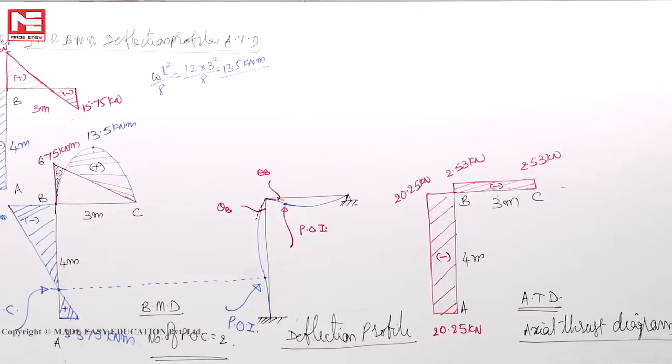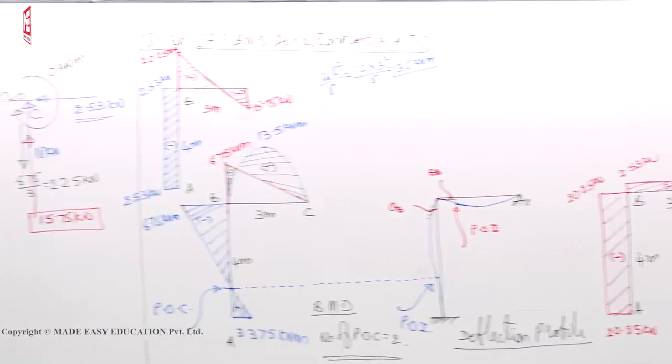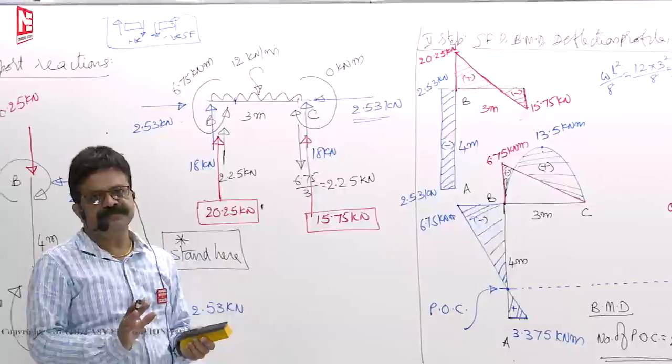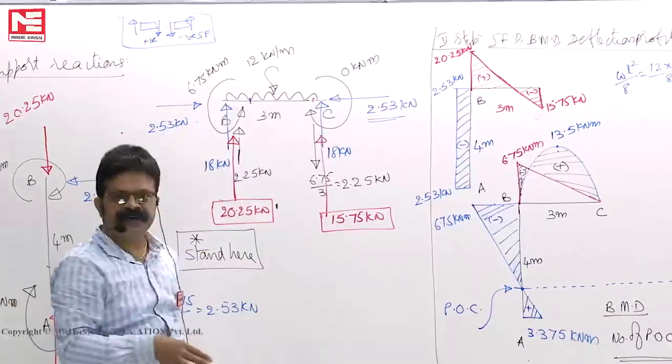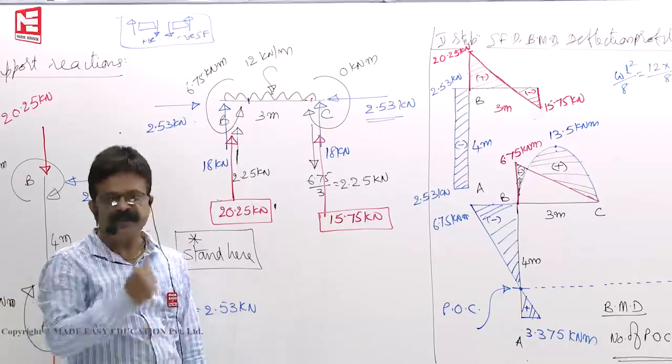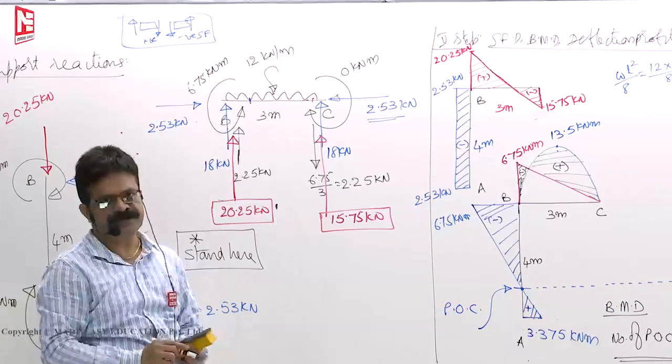Now, here in this problem, I have given you POC 2. Now, we want to find the number of POC without drawing the bending moment diagram, because that much time we will not have. By inspection, how to find the number of POC?